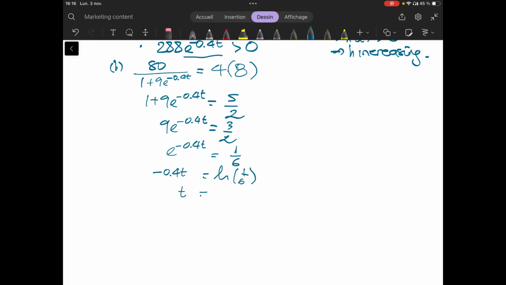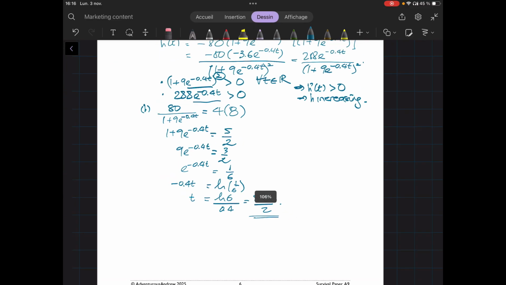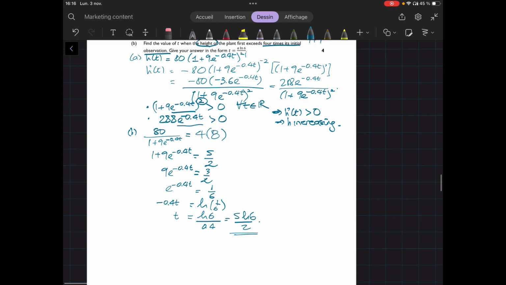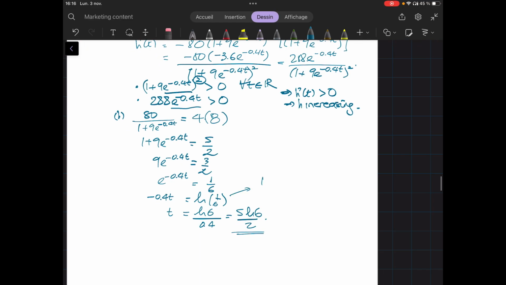And therefore t is going to be ln of 6 divided by 0.4, or 5 ln of 6 divided by 2. Just a quick recap. Ln of 1 over 6 is negative ln of 6, and therefore we can cancel out the two negatives.